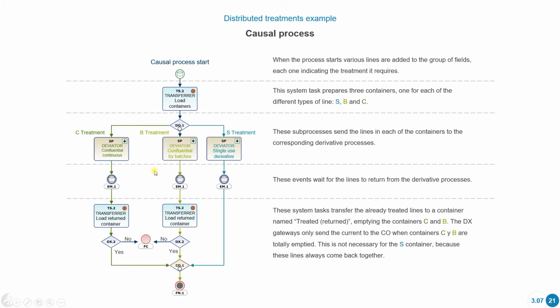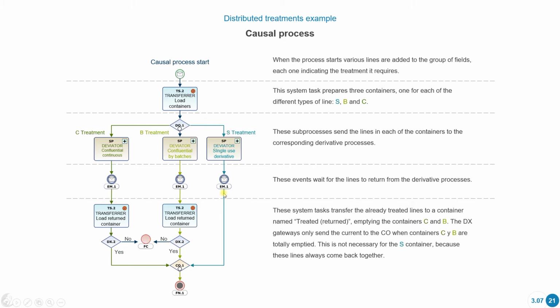So once the batch with those lines comes back, the flow is going to continue. The transfer is going to move those lines from the container B to a certain container where it indicates that they've already received their treatment. And if all of the lines have received their treatment, the flow is going to continue. But if there's still some lines that are pending to receive their treatment, we're just going to stop the flow.